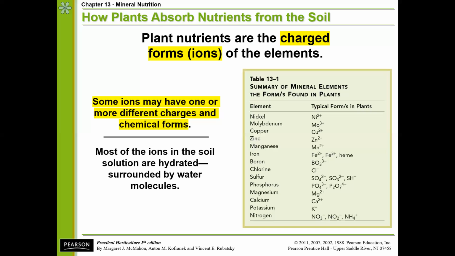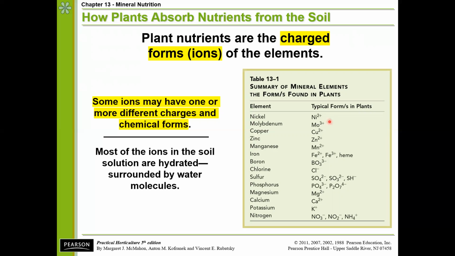So in this table, we can see some of the typical forms that these nutrients are found in plants. And notice that you can see we have a little plus or minus symbol next to the element itself, and that is its charge.